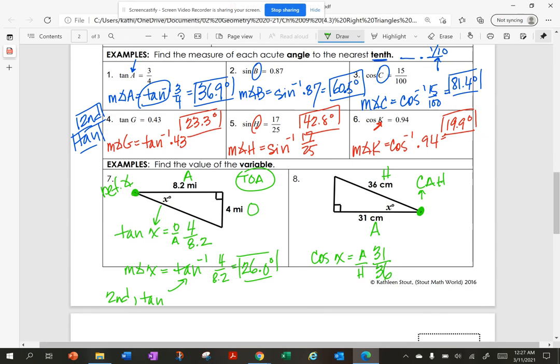So to find x, the measure of angle x equals cosine inverse of 31 divided by 36. And again, to get this, I'm going to type in second and cosine. And rounding to tenths, I get 30.6 degrees. Okay, that's it.